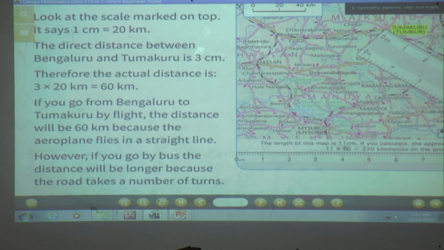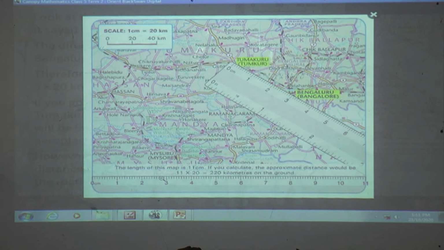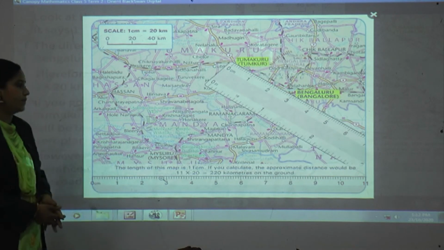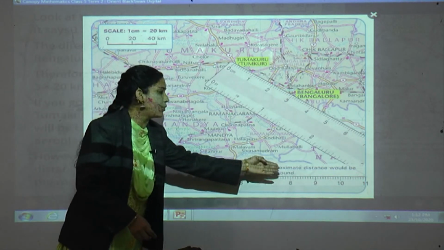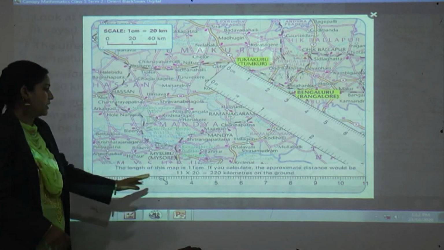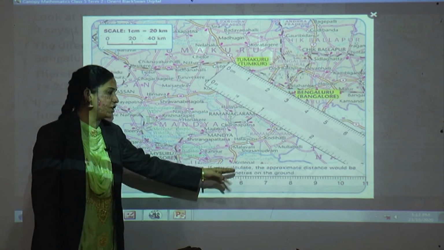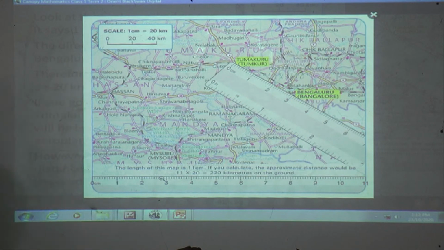See here, they have given us the length of this route on the map is 11 centimeters. If you calculate, the approximate distance would be 11 multiplied by 20, that means 220 kilometers on the ground. Like this, they can give a scale on the map.